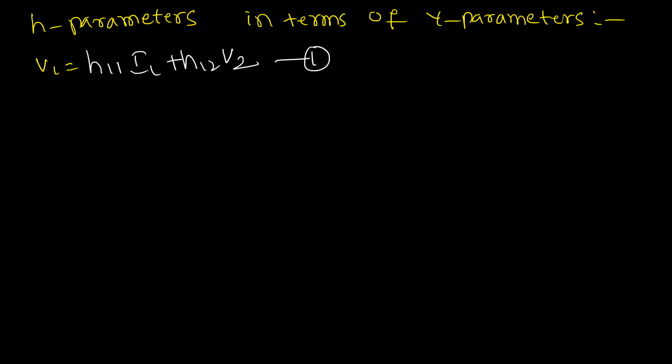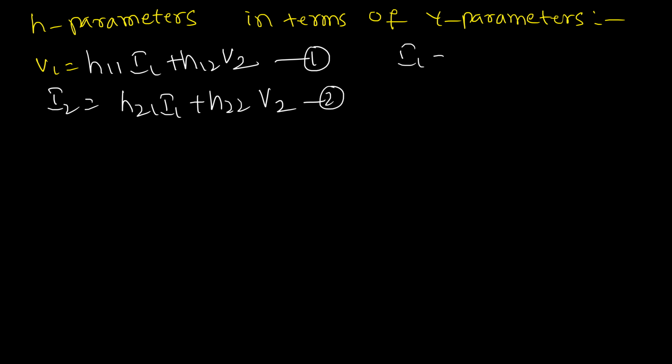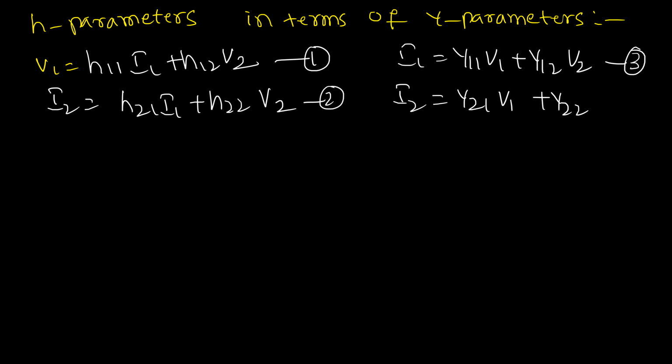First equation. Now I2 equal to H21 into I1 plus H22 into V2. Second equation. And also write the relations for the Y parameters. I1 equal to Y11 into V1 plus Y12 into V2. Equation 3. Now I2 equal to Y21 V1 plus Y22 V2.